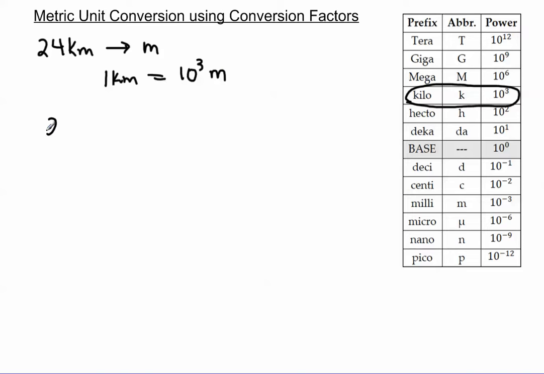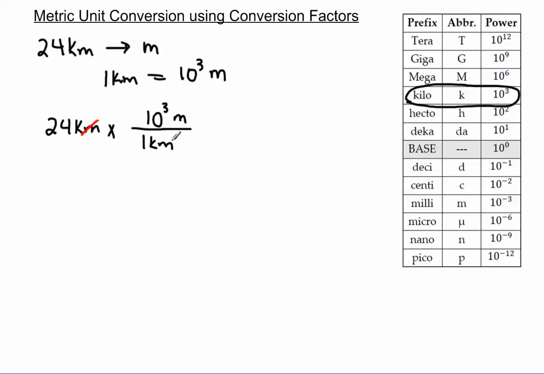So we take our 24 kilometers, we're going to multiply it by the conversion factor, and we set our conversion factor up using this equivalency statement. We're looking for the kilometers to cancel, so we need to put kilometers in the denominator, and we put times 10 to the power of 3 meters in the numerator.